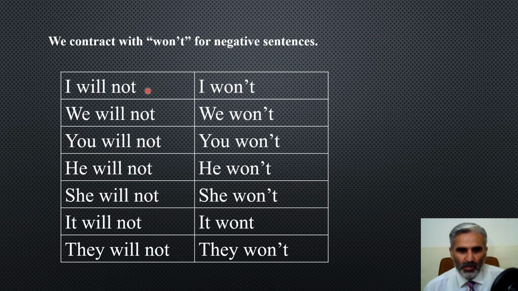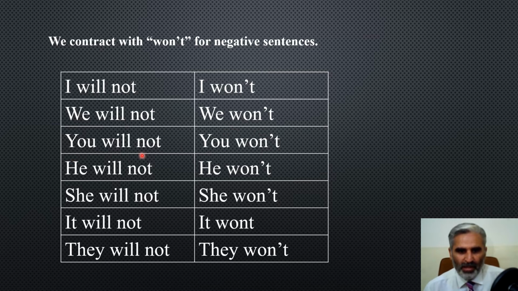And for negative sentences, we contract will not with won't. For example, I will not, I won't. We will not, we won't.